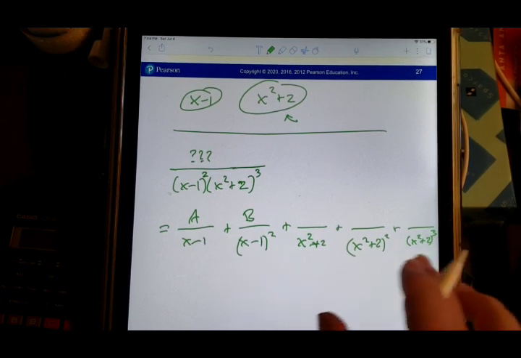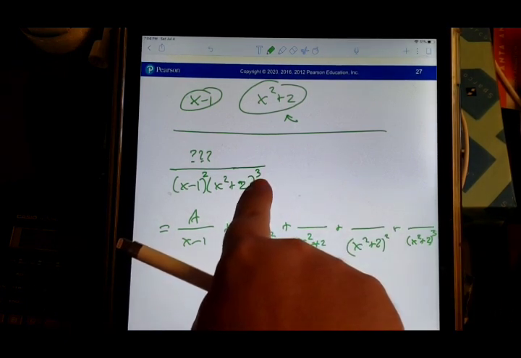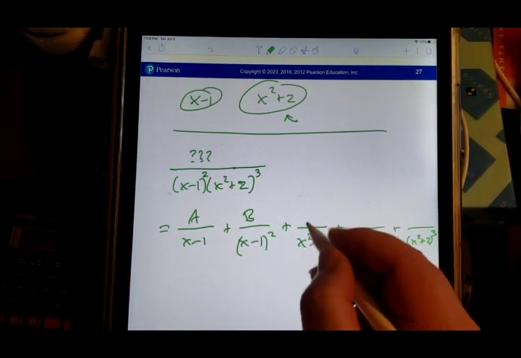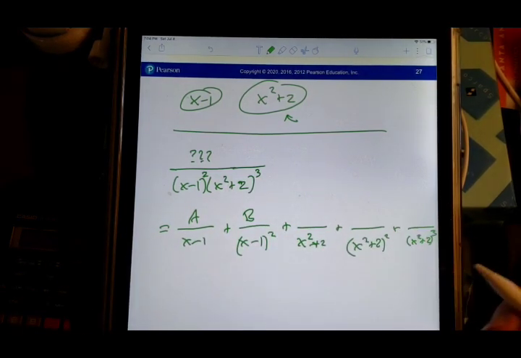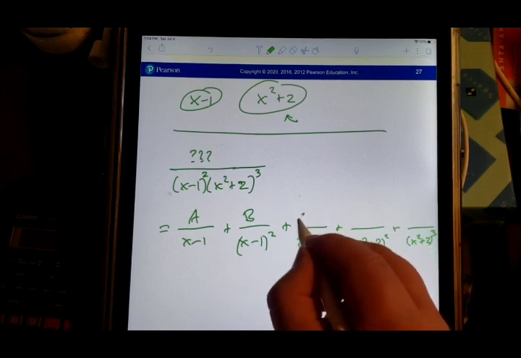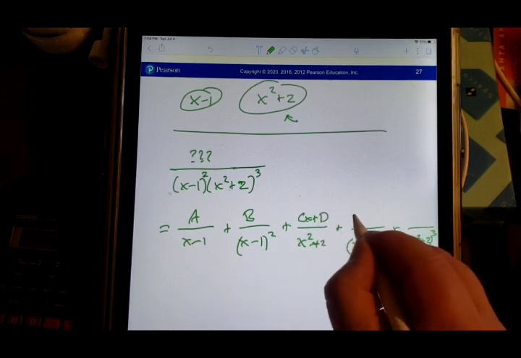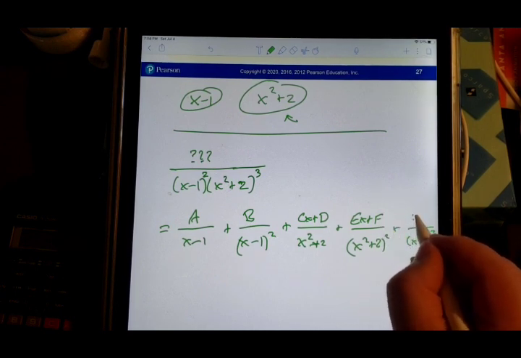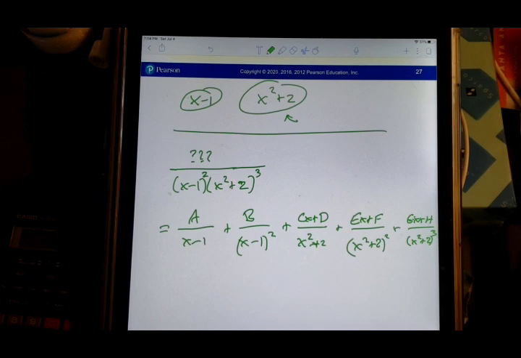And the reason why I carried out to cubed is that was the highest degree of this. On top of each of these, until I run out of letters of the alphabet, it's going to be cx plus d, ex plus f, what am I up to, gx plus h.